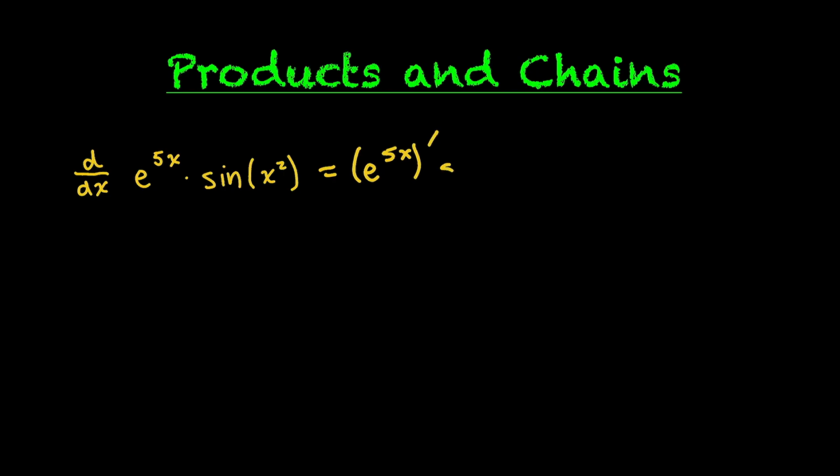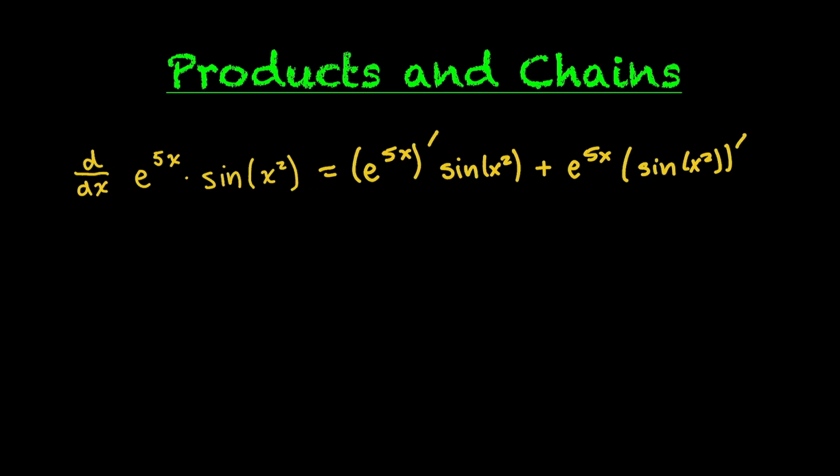I'm going to leave my other function alone, sine of x squared. Now remember, sine of x squared, that is not a product, that is a chain. That x squared is sitting inside of sine, it's not being multiplied by sine. But now I'm going to do the exact opposite. I'm going to leave the first function alone, and I'm going to take the derivative of my second function.